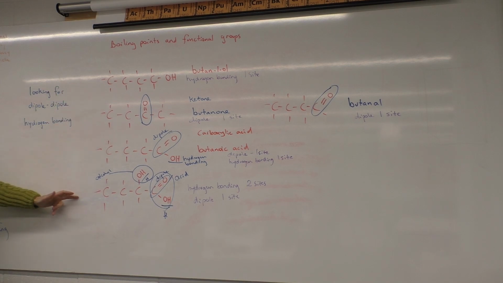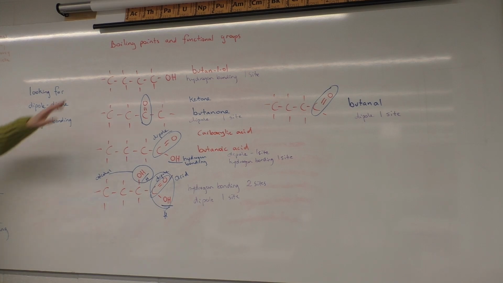Then we're going to rank these 3 that have the hydrogen bonding present. Which one will be the weakest? Sorry? I can't really hear. The butanol? Yeah, so this one's going to be the weakest. Why? Because it's only got 1 type?